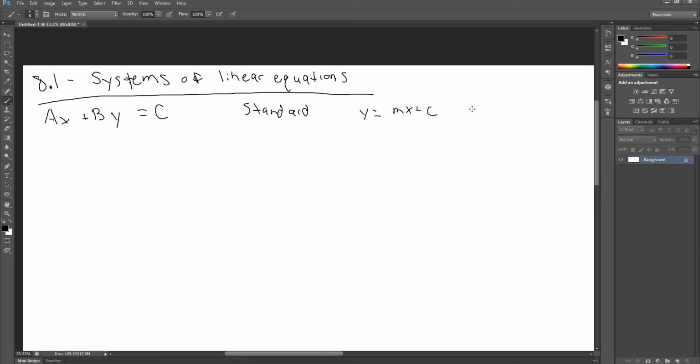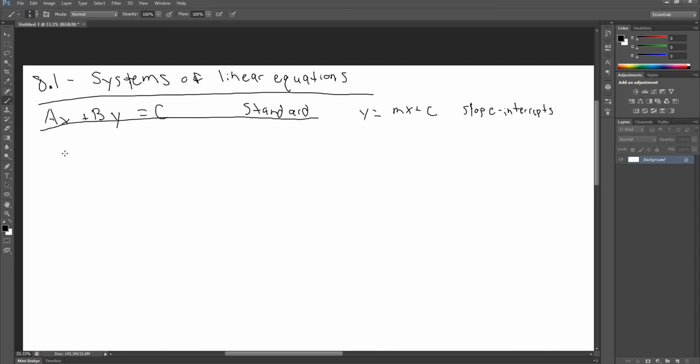But you can technically use the slope-intercept form to help solve systems of linear equations. We are not going to be looking at that for this section, just because it's not going to be of any benefit down the line for the rest of the section. So for now, all we're worried about is standard form.